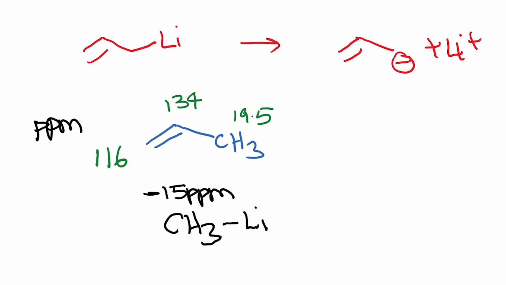And when we record the NMR spectrum of this allyl lithium, we get only two signals. We would expect essentially three signals, but we see only two. One is at 147 ppm and the other one is at 51 ppm, which is assigned to this delocalized anion as shown here.